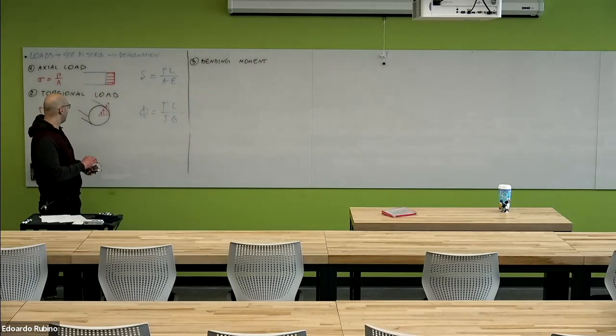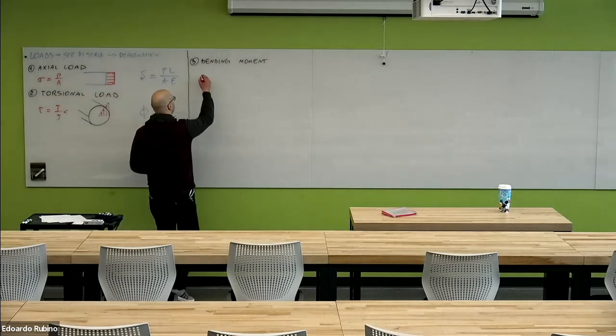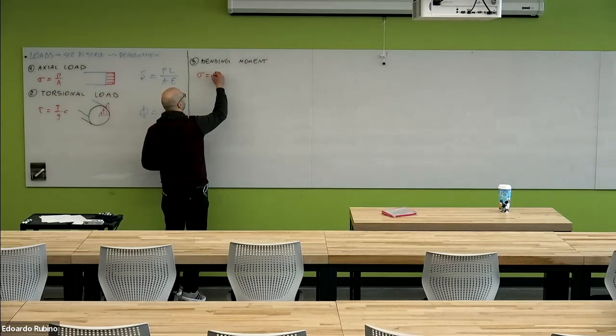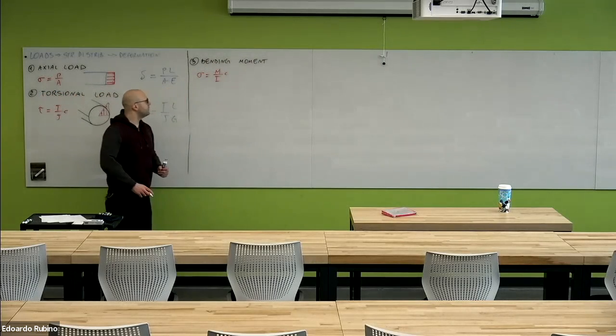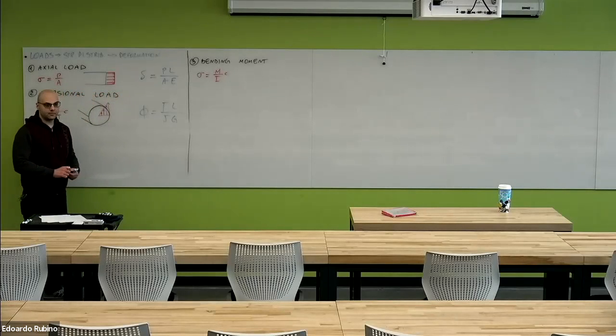When we have a pure bending moment, we have a normal stress, and the equation that we use is M over I times c.